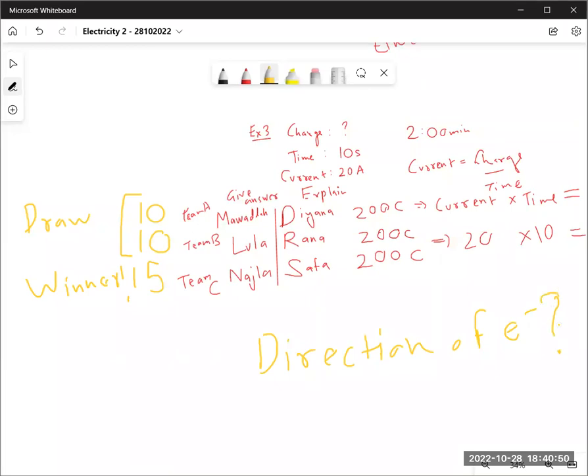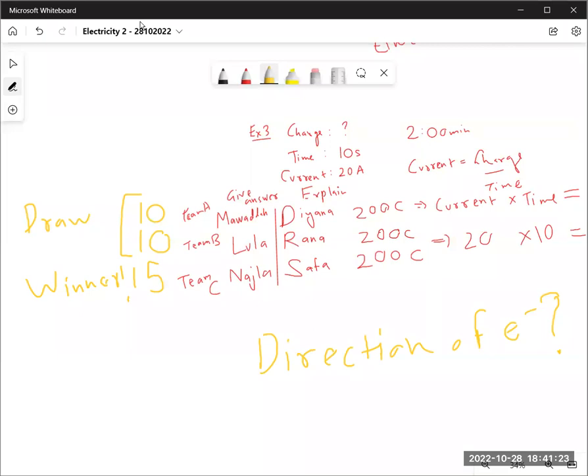It's negative to positive. Okay, but why? How do you find it compared to current? It's the opposite of the current. Okay, let me think about that. Lula, Rana, what is the answer?